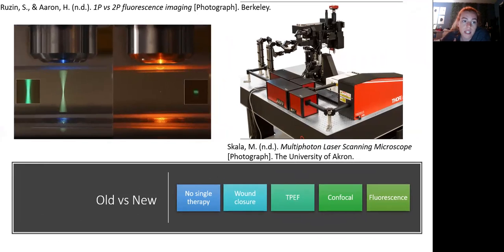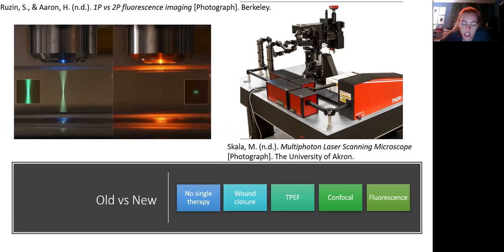On the far left is one-photon excitation fluorescence, and it was only used for a little bit. They then moved on to the two-photon excitation fluorescence, which is the orange one to the right. And as you can see, it's a lot smaller of a pinpoint versus on the left with the one photon, which has a lot more of a divergent beam. So there's a lot more of the X-rays absorbing into different areas.